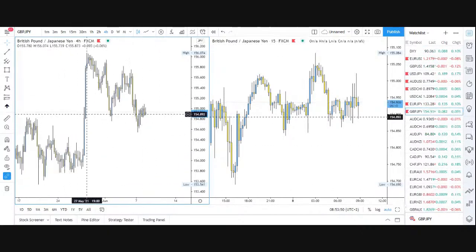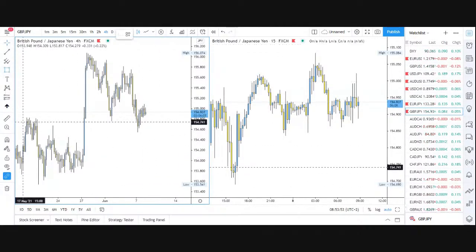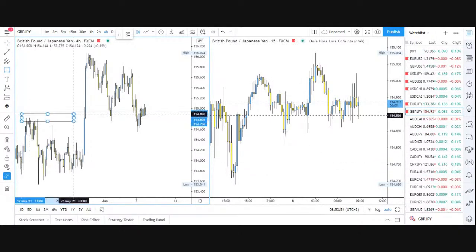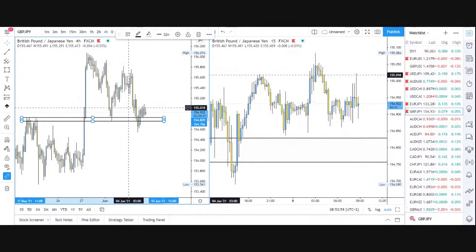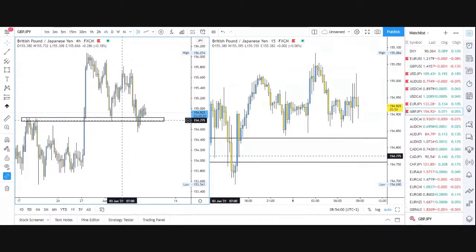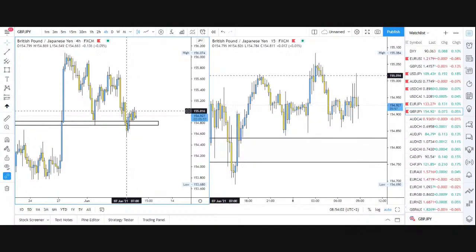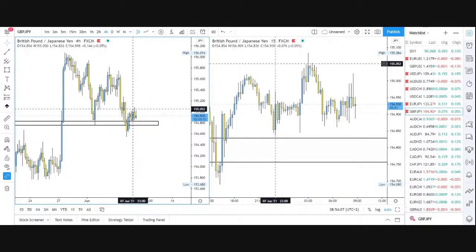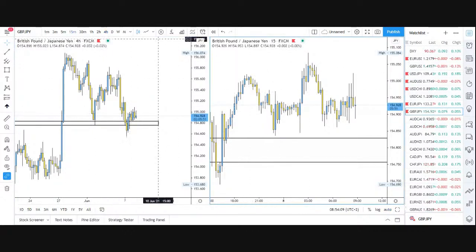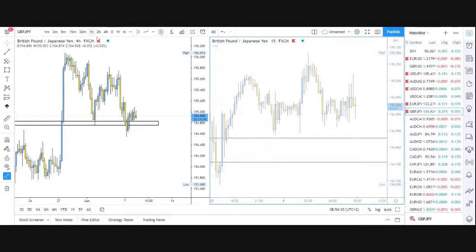So what I had was this break and retest level where we broke, we retested, we bounced, and now we're back here. You can see that price is failing to break above here, but more importantly, let me go to the 1H. I think I saw something on the 1H.